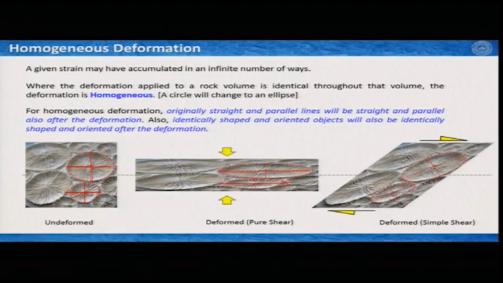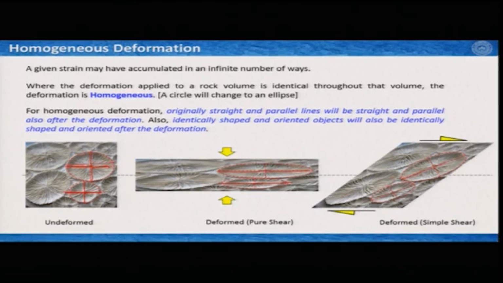The second context was that identically shaped and oriented objects will also be identically shaped and oriented after deformation. What we see here, these were circles, and after the deformation all of them became ellipses. So shape has changed, but they changed in a similar way. In the second example, which is a simple shear example, these two were parallel lines.